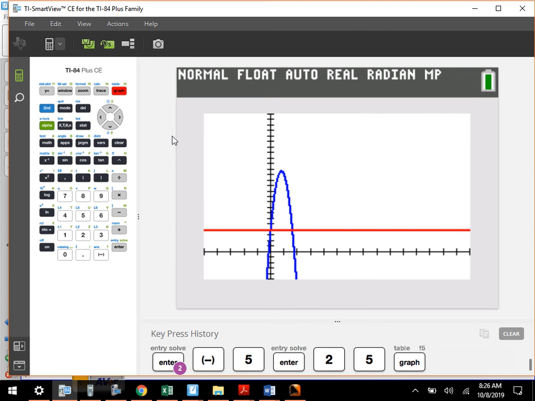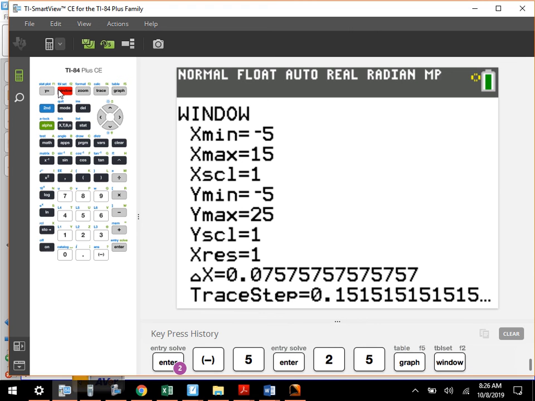Okay, so then does anyone know how to find the intersection? Ladies and gentlemen, real fast before we get too far here, I need everybody to hit the button on their calculator that says window. On your window, X min -5, X max 15, Y min -5, Y max 25.